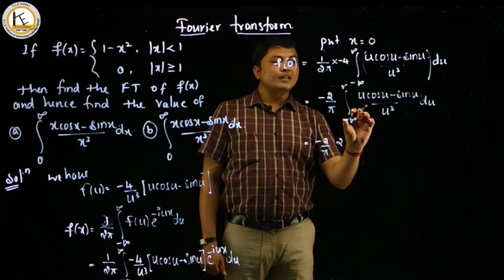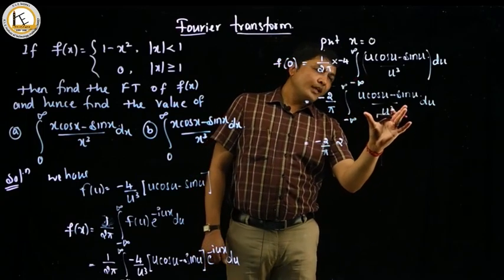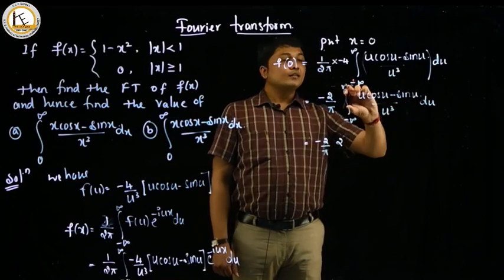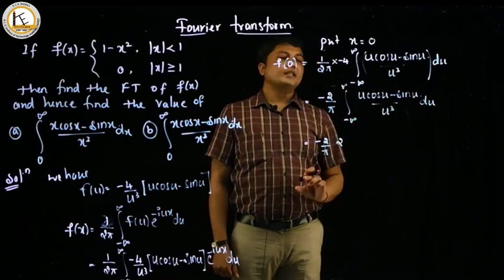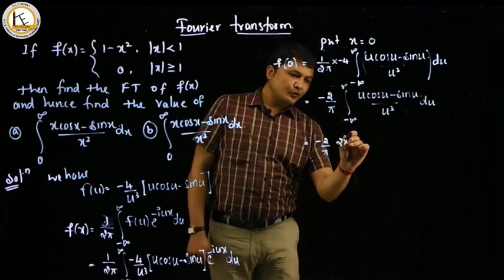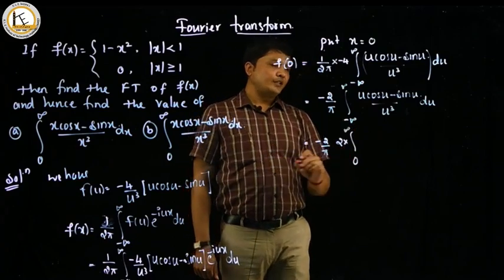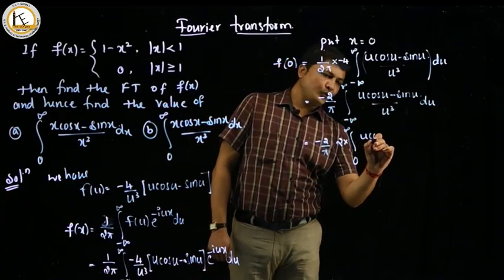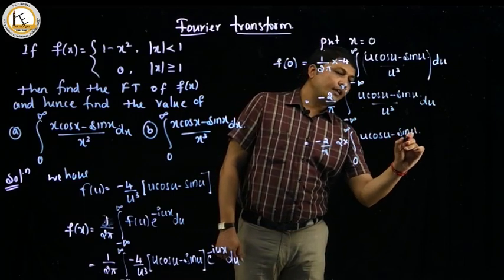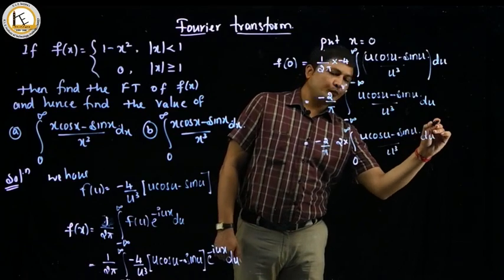Here we have the limits from minus infinity to plus infinity, and when we know that this function is an even function, then by the properties of integrals, these limits can be written as 2 times the integral from 0 to infinity of u into cos u minus sin u divided by u cube with respect to u.